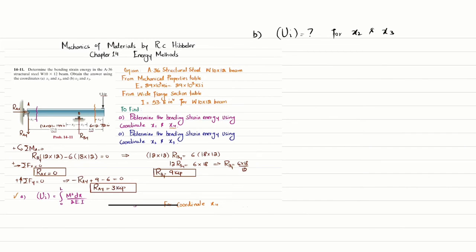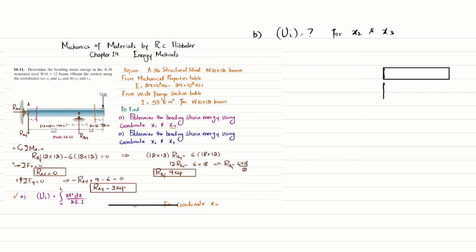Now in part B, it has been asked to find the strain energy due to bending for coordinates x2 and x3. So for that, you can see x3 is here. So we will cut the beam over here, and we will take the left side as a free body diagram, to find the moment M3. So for that, I will draw the free body diagram of the beam.